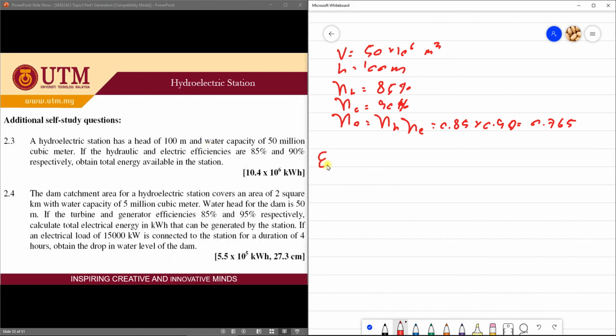So E_E is equal to E_H times the overall efficiency, which is W H times the overall efficiency. Weight is the volume, density, gravity.